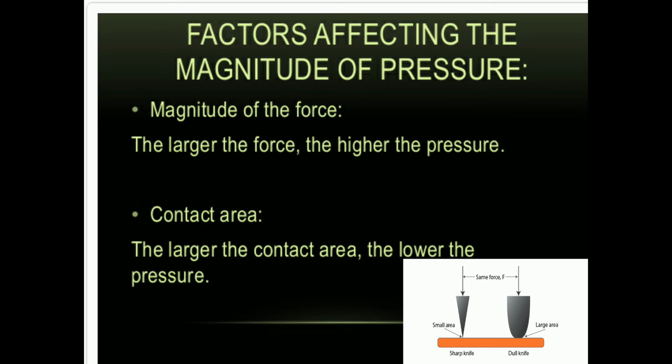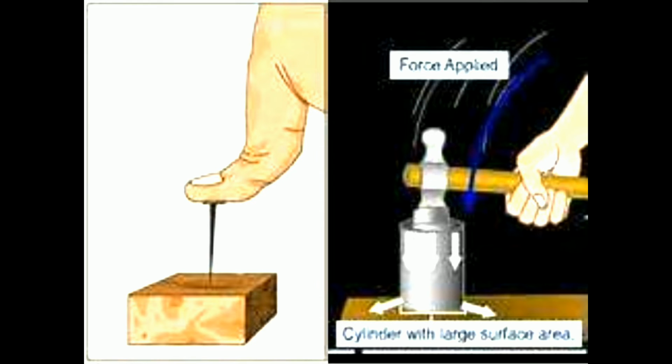So here in the diagram, one example is a sharp knife. Here its area is small, so it cuts very easily, because its pressure is more. But in case of a blunt knife, it has a larger area, so its pressure is less. Here in this example, if we press a pin, the sharp and pointed end of the pin has very less area.